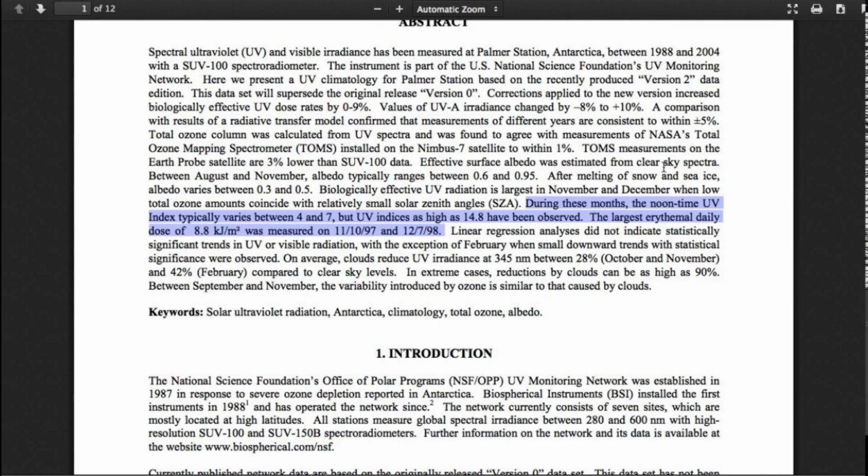Let me just see if I can find this. This is Antarctica, where they say noontime UV indexes typically vary between 4 to 7, but it can be as high as 14. But the 14, I've never seen a paper actually measuring this. 4 to 7 seems more indicative.